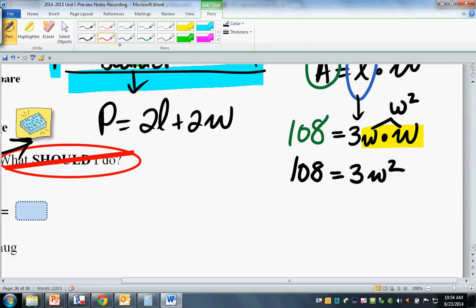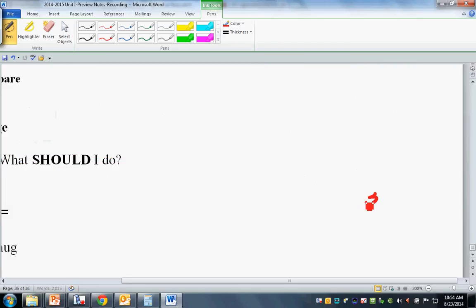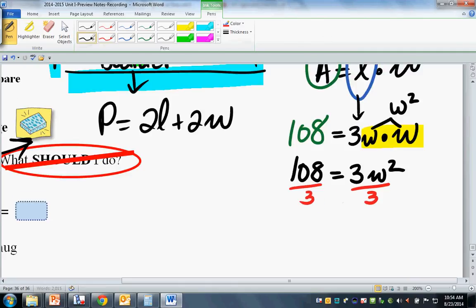Our goal is to get W by itself, so I'm going to divide both sides by 3. That cancels. 3 goes into 10 3 times with 1 left over. 3 goes into 18 6 times. So I have 36 equals W squared.